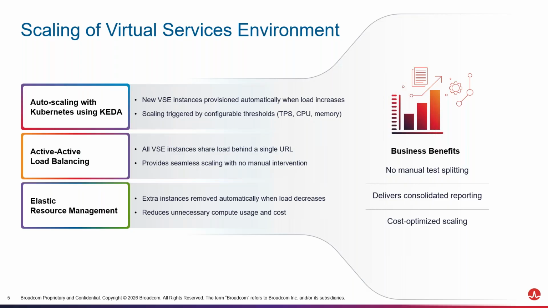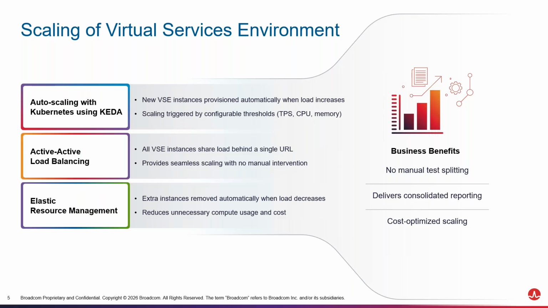And if I need to add a few VSEs, or I need to increase the capacity in terms of TPS, it's hard to manage, and I maybe need to bring a large scale machine if my performance tests are very big and I need to load. And then it starts to have a cost, time to wait for my IT to approve those machines or to scale up those machines. And this is what we're going to solve here.